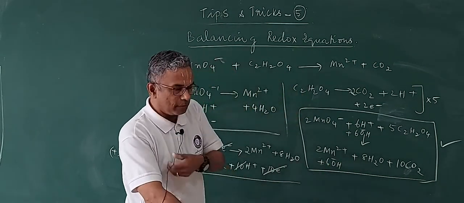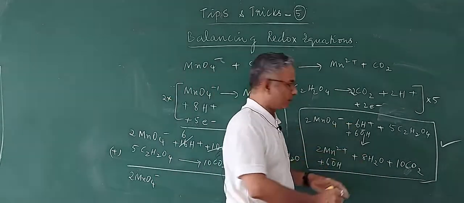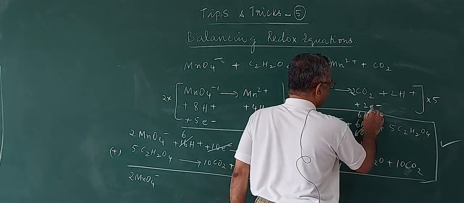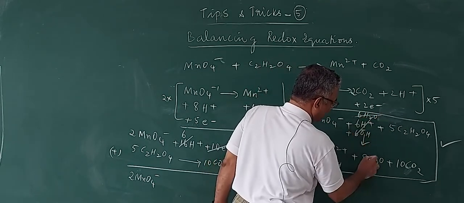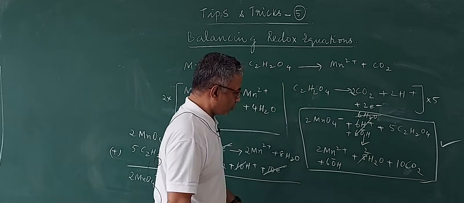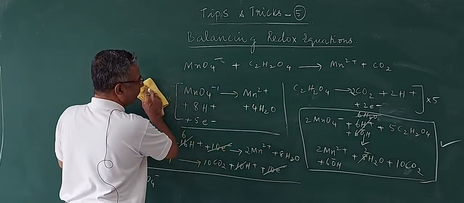So, now you will have 6H plus and 6 OH minus will give you 6 water molecule. So, you can cut 6 water molecule here with 2 water molecule. So, the final equation will be, I will rub this.